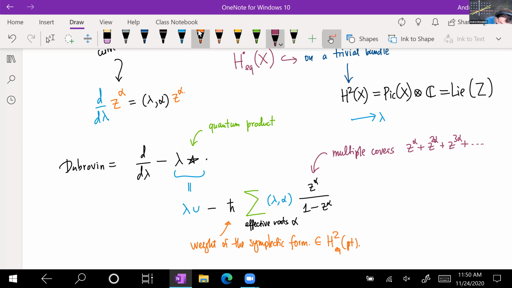And then you have some operator which is of homological degree 0. Maybe we denote it C alpha. So this is some Steinberg correspondence.